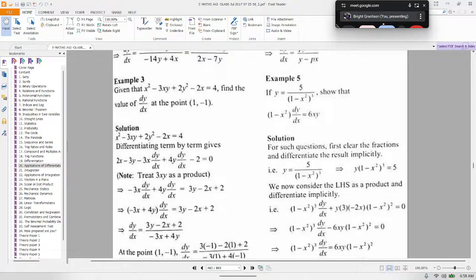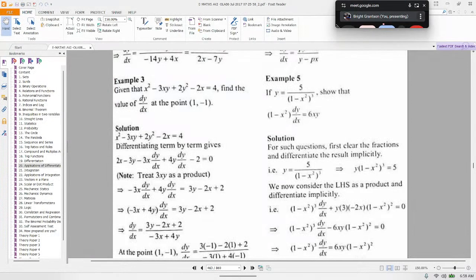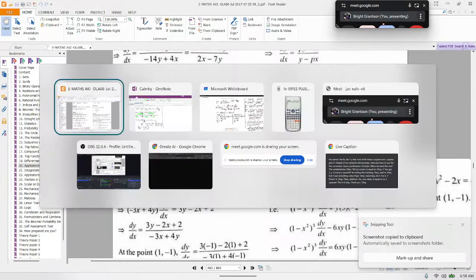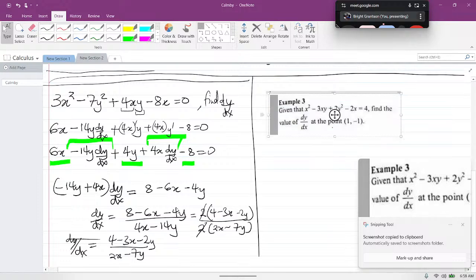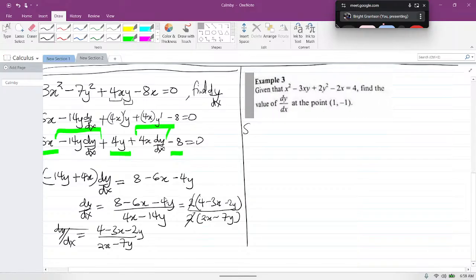It says that x squared minus 3xy plus 2y squared minus 2x plus 4.